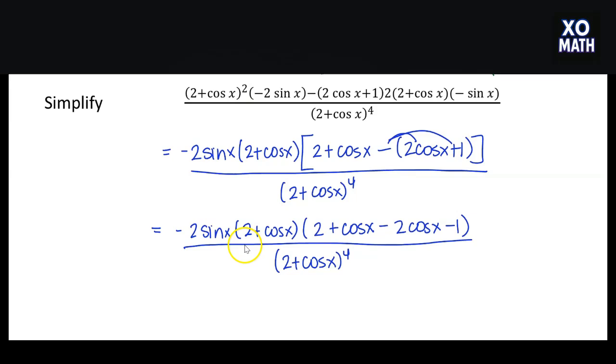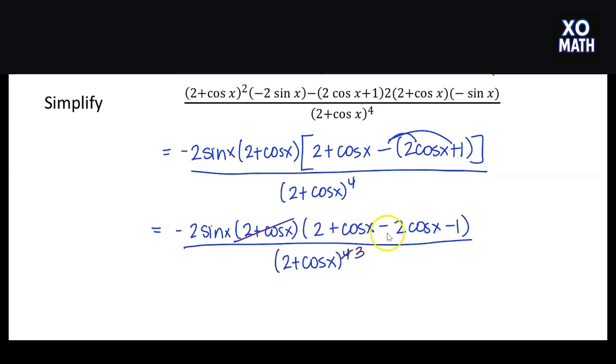Now here, I can actually cancel the quantity 2 plus cosine x with one of the copies of that in the denominator. There are 4 copies in the denominator, and now one copy up here that is a factor, since everything up here is being multiplied. So I can cancel one of these out, and then I have just 3 copies of 2 plus cosine x in the denominator.